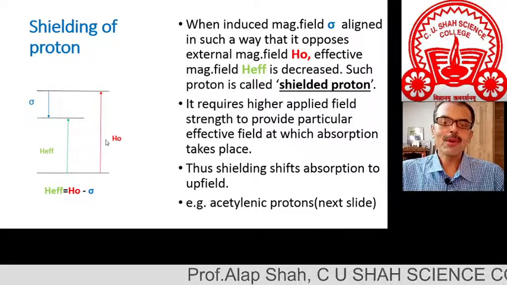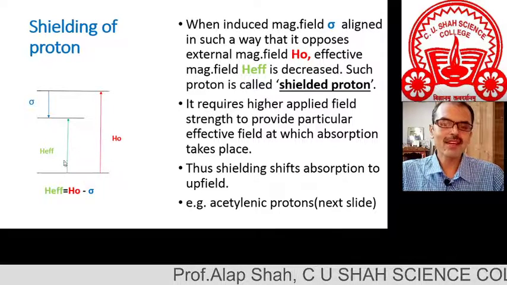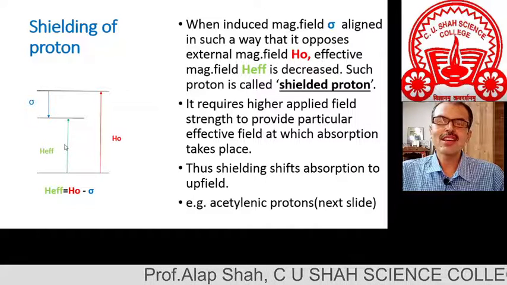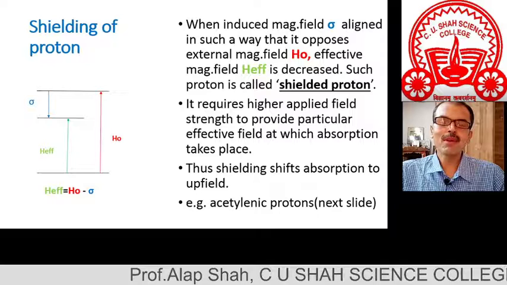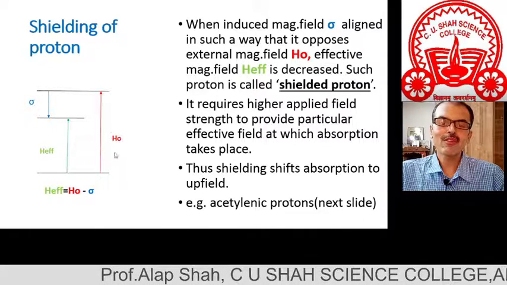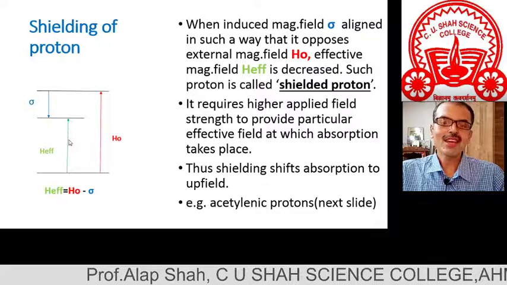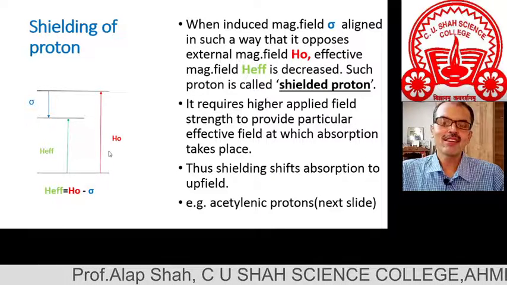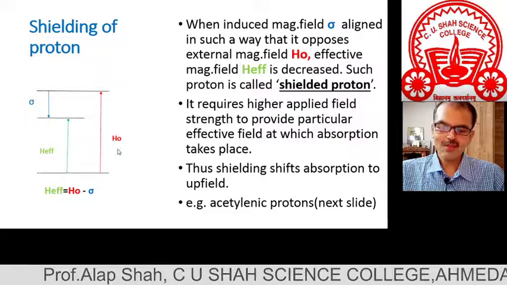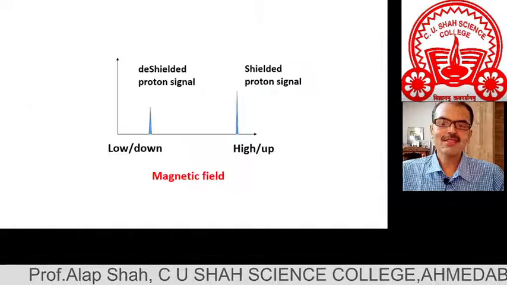Now the second important point you should remember is that these shielded protons require a slightly greater amount of H0 than the requirement for resonance. I already explained that 30 is required, and we have to provide 50. Now again, let us move to the previous slide.